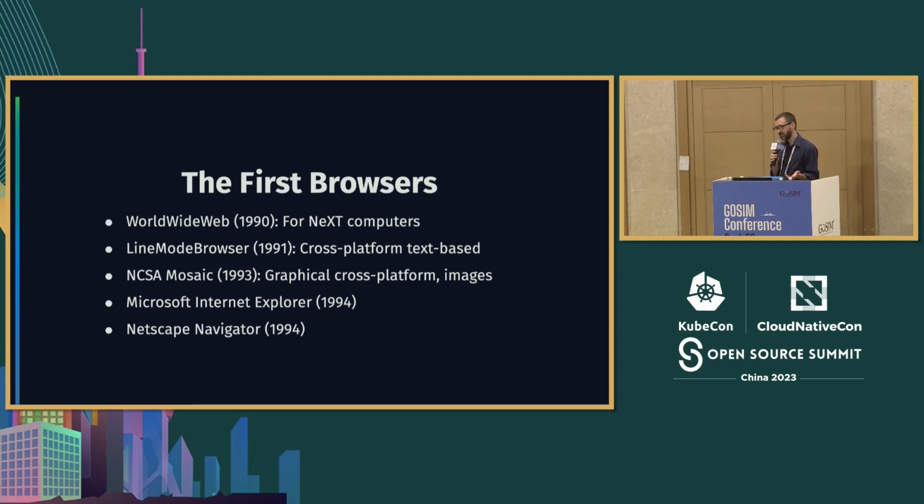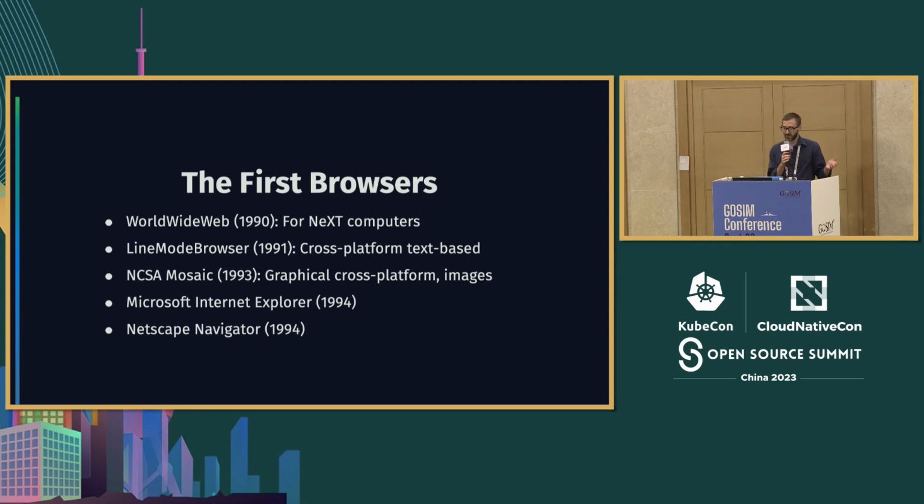Now, just a few years later, another browser was created at NCSA at the University of Illinois at Urbana-Champaign called NCSA Mosaic. And this was both cross-platform and graphical, and it had a killer feature, which was images. And that's why it became one of the most popular browsers very quickly.